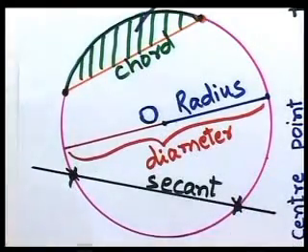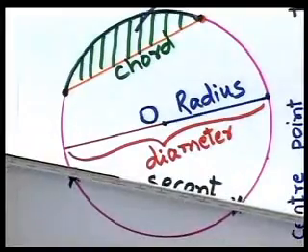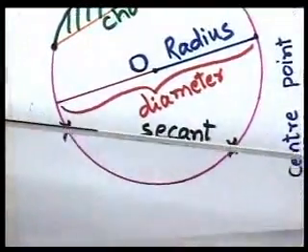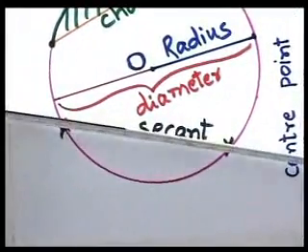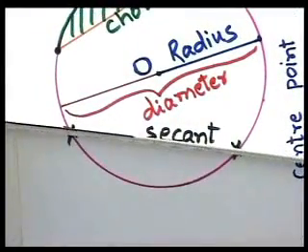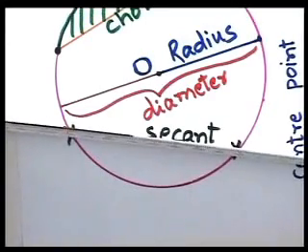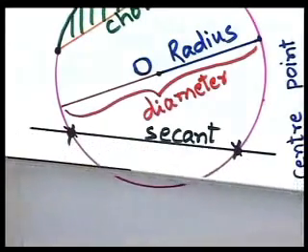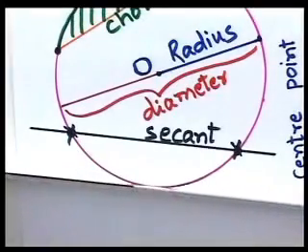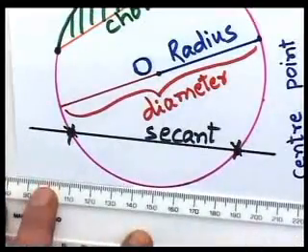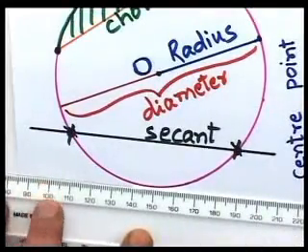Now what happens if this line is pulled downwards? I'll just make it a bit clear for you. Well, that's the line. The ruler indicates the line, which is the secant. What if it's moved down slowly, and at one stage you actually see that the line is going to touch the circle only at one point?